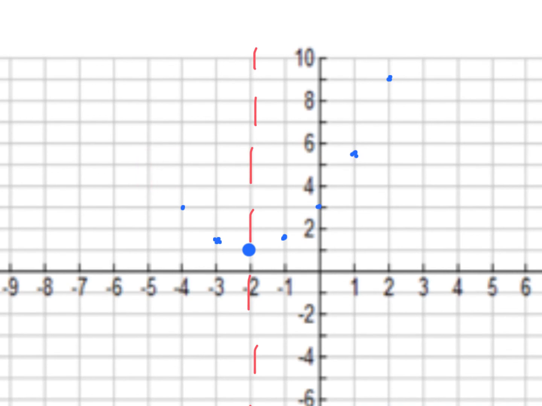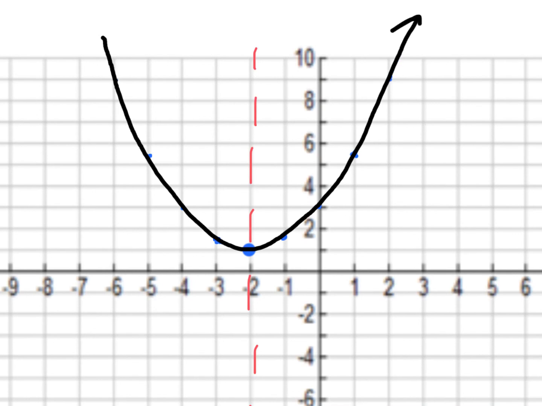So right there. Okay. 1, 2, 3, 4, 1, 2, 3, 4. Alright, and then connect your dots. Wow. Alright, so there's our parabola.